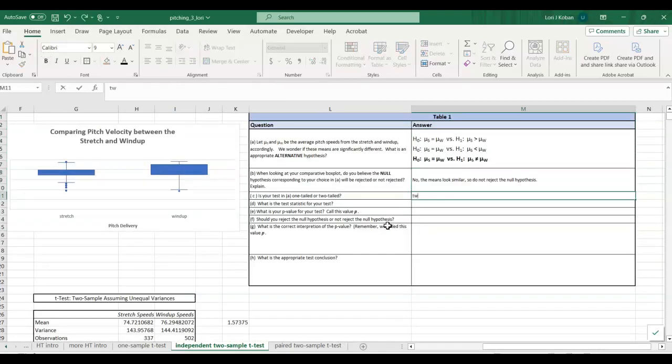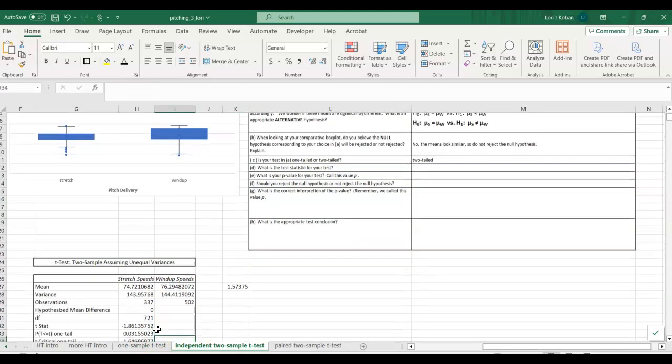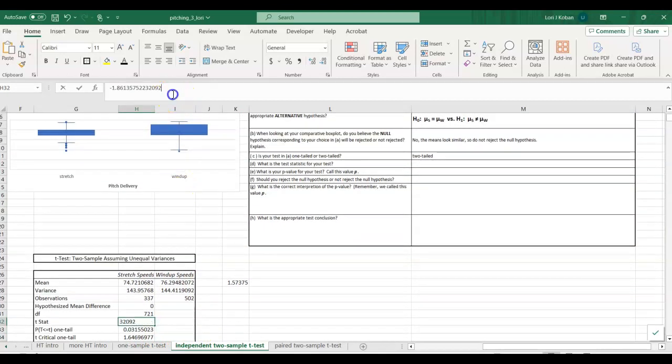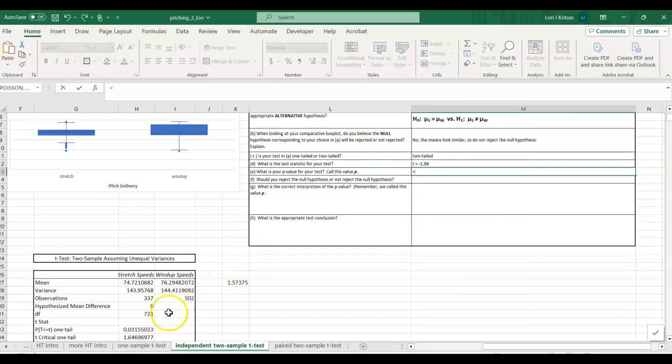Our test is two-tailed because there's a not equal to alternative hypothesis. The statistic is this negative 1.86, and it's a t. Remember, 3 or negative 3 or more extreme is very unlikely. So this is not really that unlikely. What's our p-value?